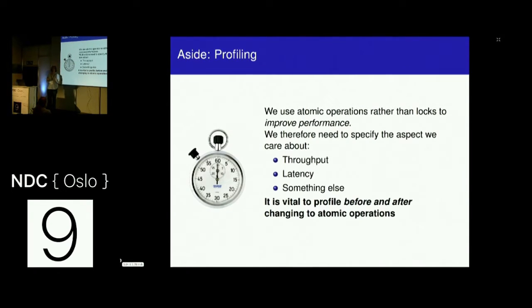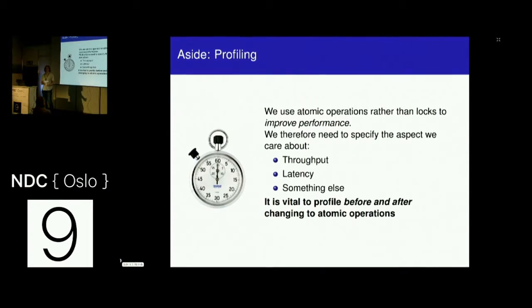And so when you're profiling, you need to think about the sort of things that you care about for your application. Is it the throughput, the total number of data items processed per unit time? Or is it the latency, how long it takes between when you get some input before you get some output? Or is it something else, something that's specific to your application?